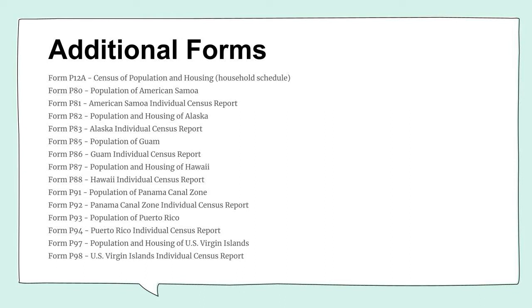Remember, those individual census reports were quite often given to people in rooming houses and other places too, or left in some cases for people to fill out. 87 and 88, Hawaii. 91, 92, the Panama Canal Zone. 93 and 94, Puerto Rico. 97 and 98, the U.S. Virgin Islands.